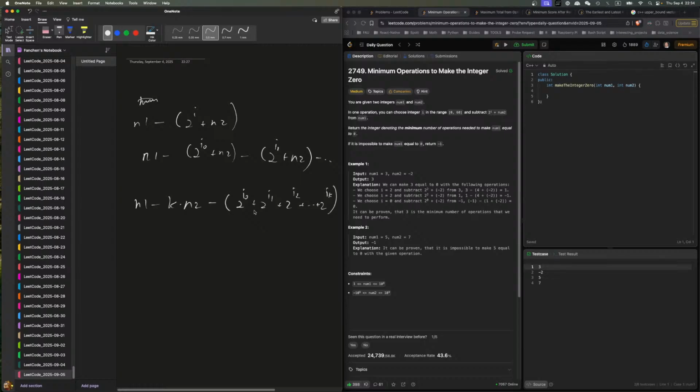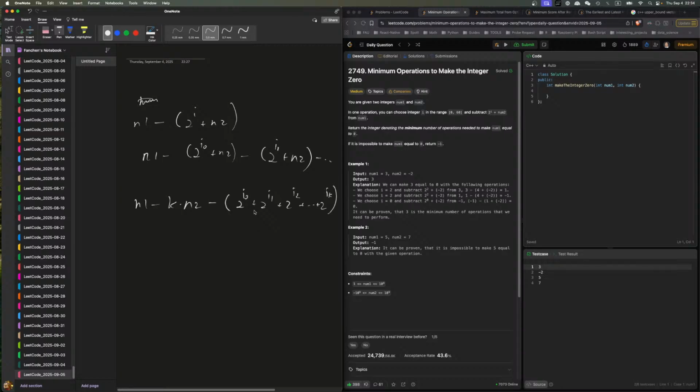Well, if n2 is a positive number, we know the minimum. If n2 is 0, we know exactly how many we need. Right? We know exactly how many we need.